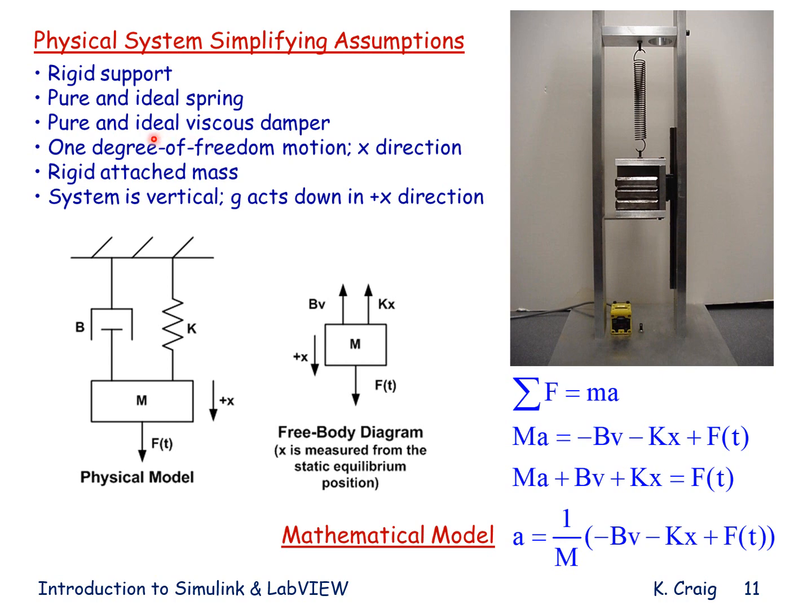So pure means only has the attribute for which it is named, a viscous damper, has no mass, no compliance, and it's ideal, linear in behavior. So it'll be characterized by a single damping coefficient, which of course will have to be determined experimentally because there are no formulas for friction coefficients for linear bearings.